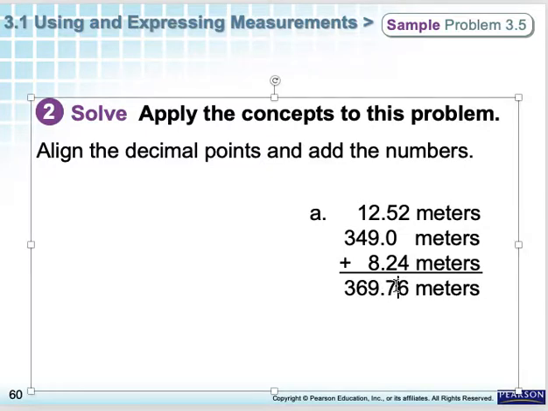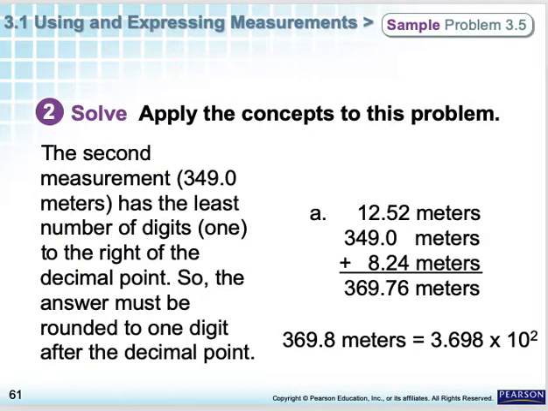So I can only report to the tenths place, and I would round this number to 369.8 meters. If you wanted to put it in scientific notation, that's also possible, but I wouldn't bother unless you feel the need to.